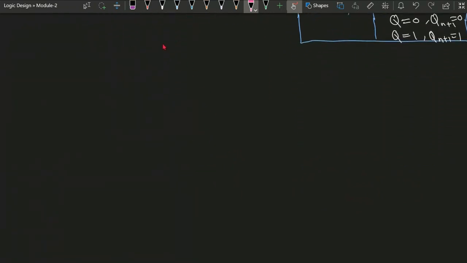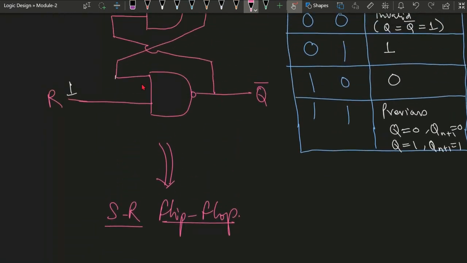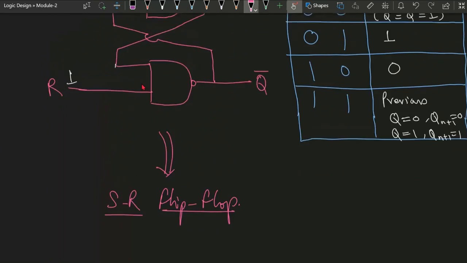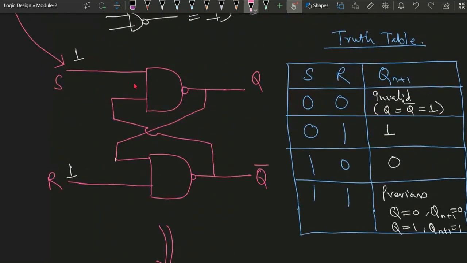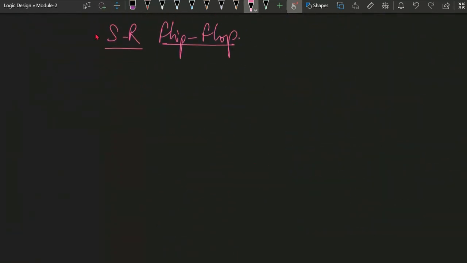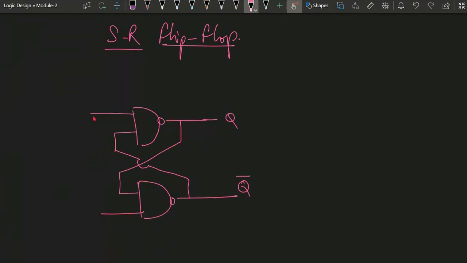Based on the latch that we have just seen, we will be implementing the SR flip flop. The basic difference is one has no clock, another one has a clock, and the remaining things will be the same. So if the remaining things are the same, we will think in the same way. If we talk about the implementation, the SR flip flop using NAND logic: this was the input, S and R. But now this will not be the S and R. It will have a further NAND gate because we need to add the clock.